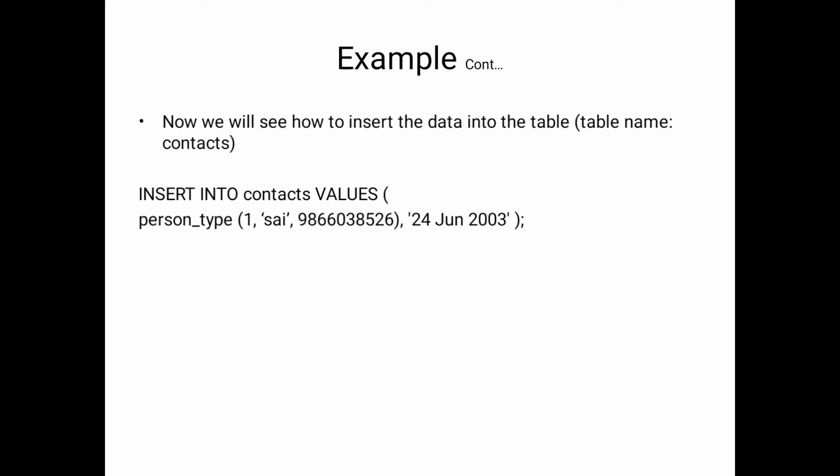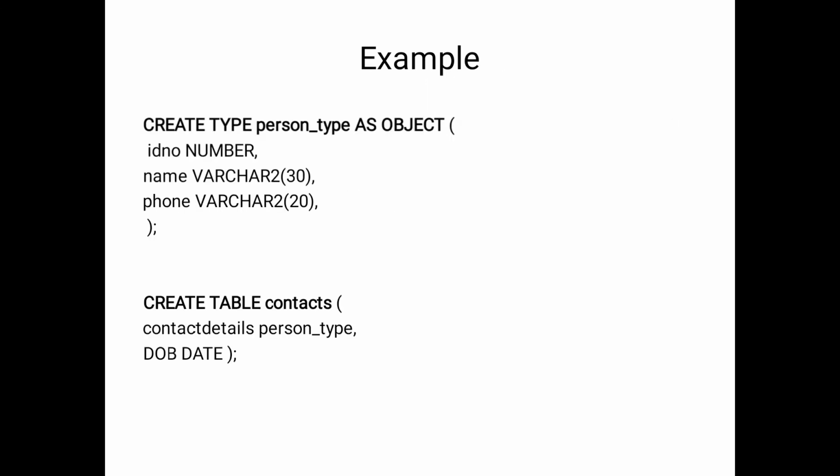Insert into contacts, that is the syntax for inserting values into the table. Here simply we will use the object name as person type. In that, we already know three fields are available. The first field is related to ID number, the second field is related to, please observe the previous example, ID number, name, varchar.